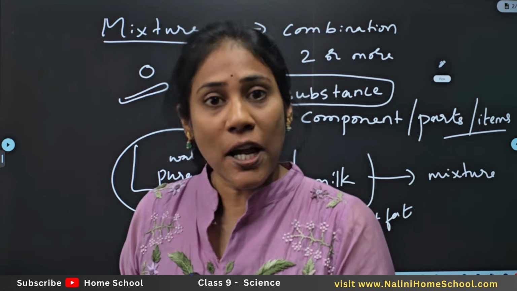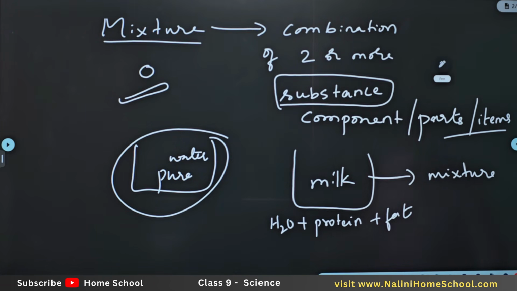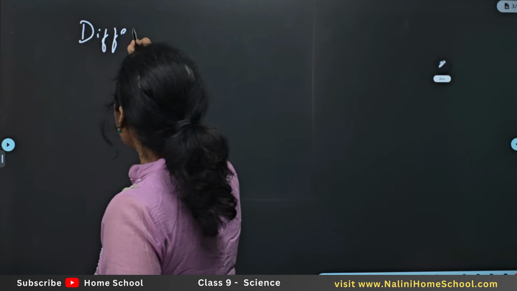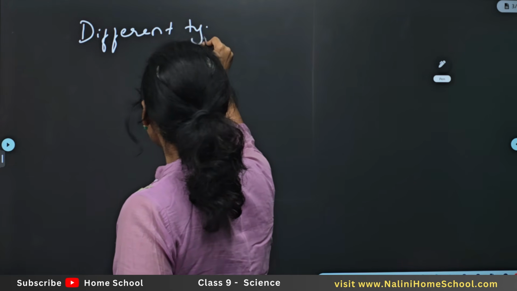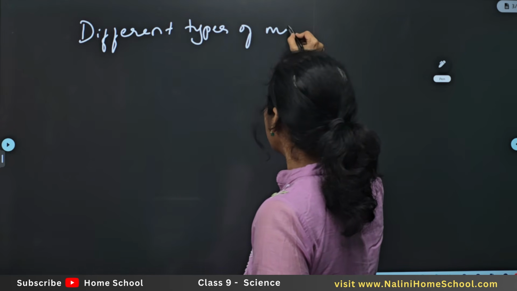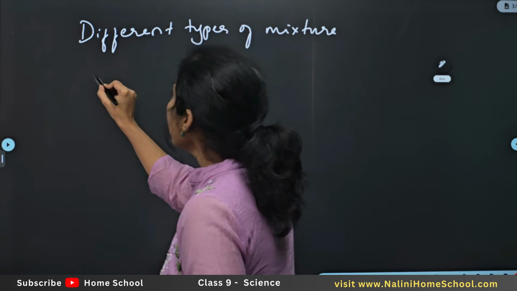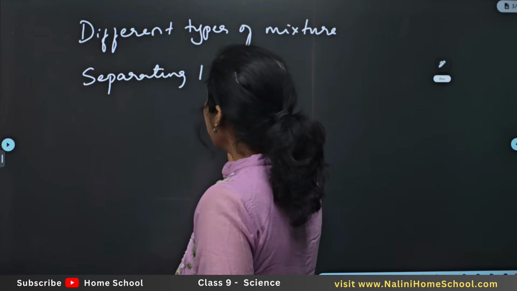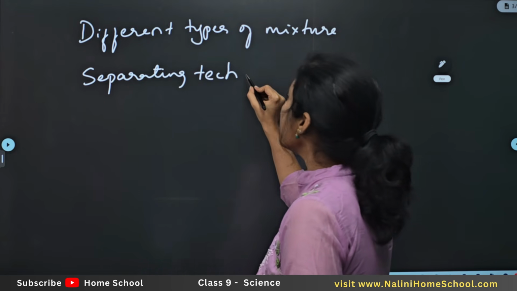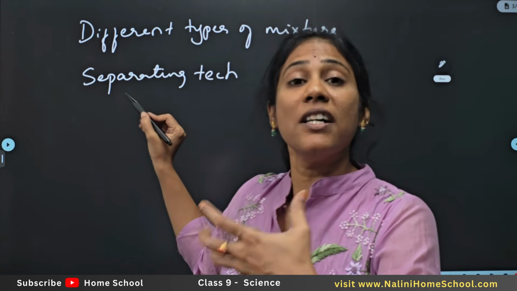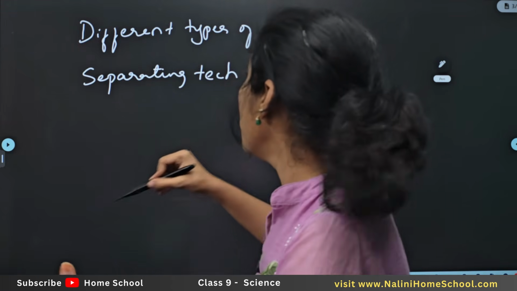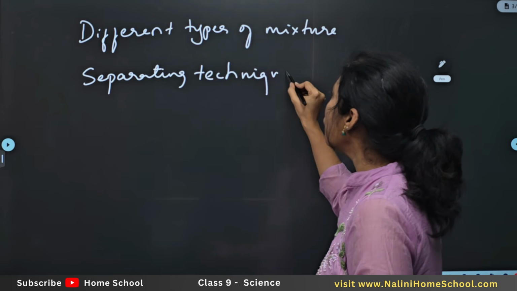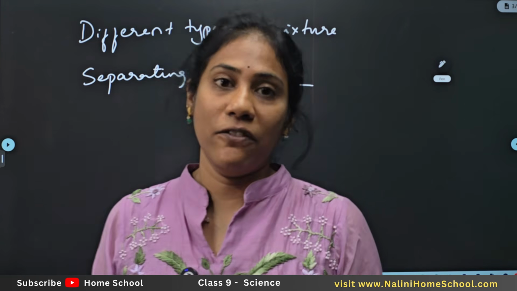So in this chapter, what we are going to study is very simple: different types of mixtures, and then their separating techniques. Different mixtures are separated using different separating techniques, guys. All of that we are going to study one by one.